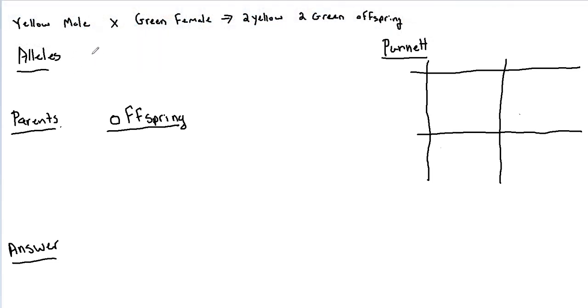The alleles. Well, yellow male, green female. Yellow is dominant. Okay, so Y is going to be yellow, and lowercase y is going to be green. So we've got our alleles set up, our dominant and recessive.